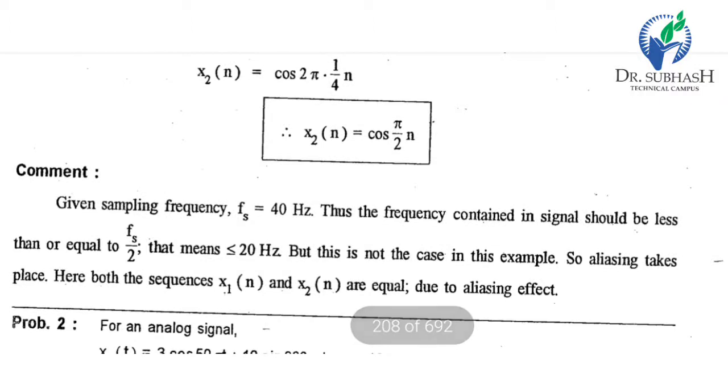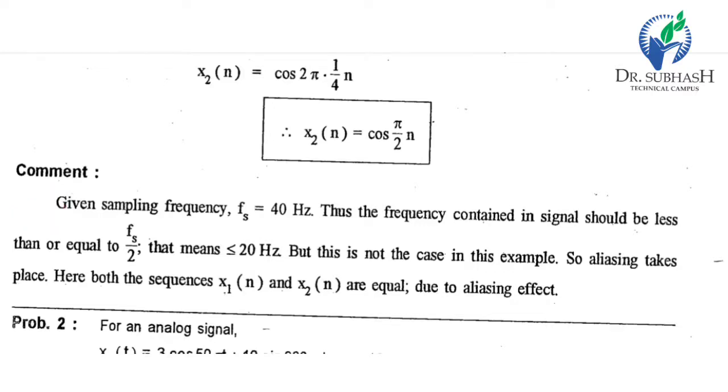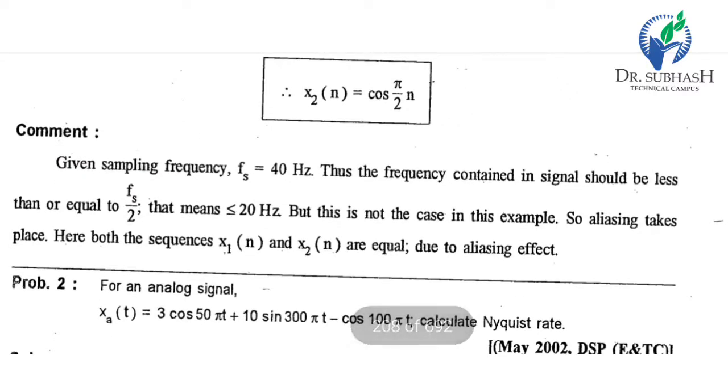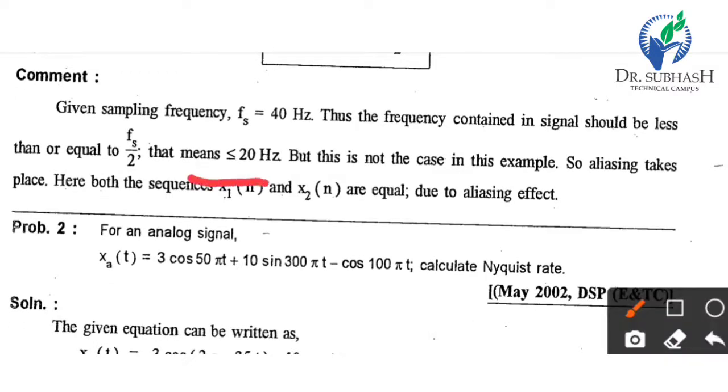Given sampling frequency fs equal to 40 Hz, the frequency contained in the signal should be less than or equal to fs by 2, that means less than or equal to 20 Hz, but this is not the case in this example.